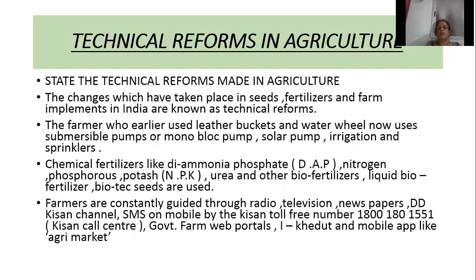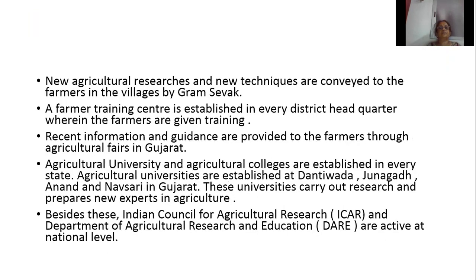Farmers are constantly guided, meaning they are getting guidance for agriculture through radio, television, newspapers, DD Kisan channel, SMS on mobile by the Kisan toll-free number 1800 Kisan call center, government farm web portals, iKedut, and a mobile app like AgriMarket. New agriculture research and new techniques are conveyed to the farmers in the village by the Gram Sevak.